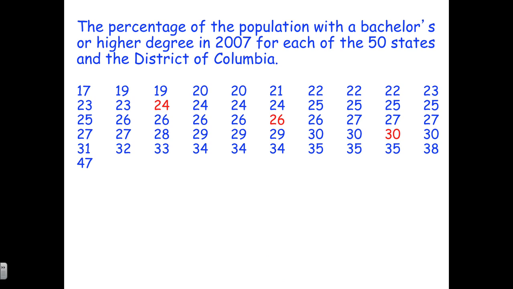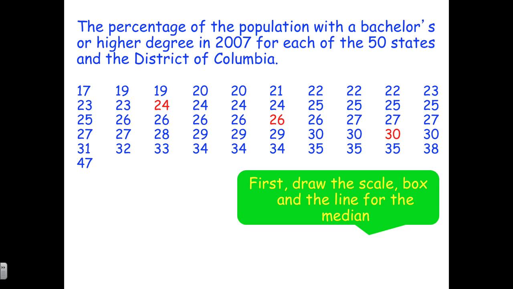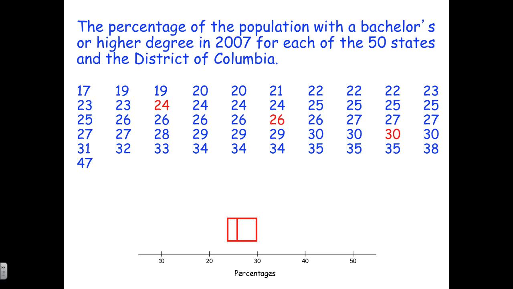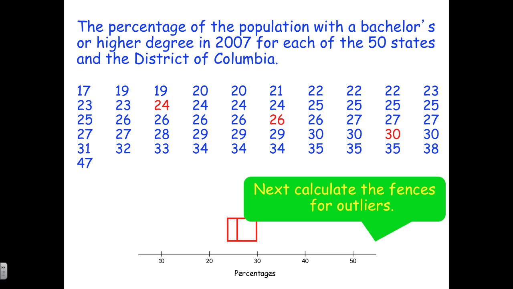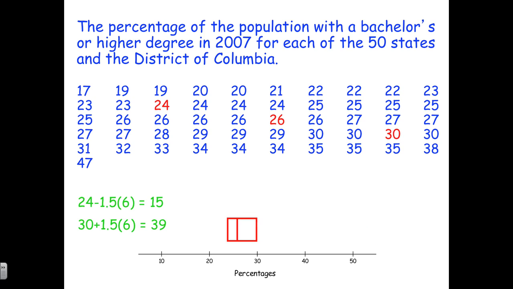So here's the data again on percent with a bachelor's degree. Draw your scale, draw your box, draw your line for the median. Now, you need to find the fences for your outliers. How far are they going to be? So your IQR was 6. So 1.5 times 6, you subtract that from Q1, you get 15.